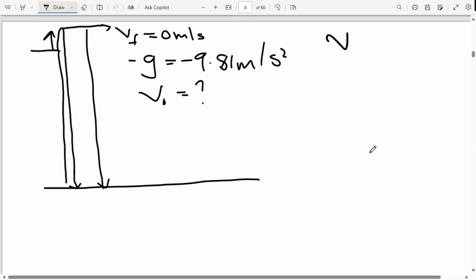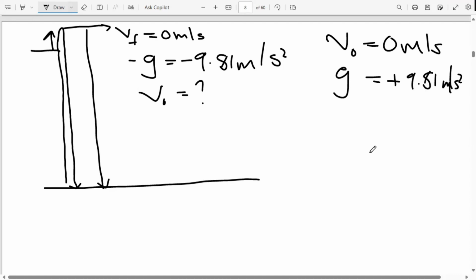Since you're starting from the top, your initial velocity is 0 meters per second, and your gravity will be positive 9.81 meters per second squared. Then it will have a final velocity which you don't know. But using this information, you're also able to calculate the height from the topmost point up to the ground. Then you take this distance minus the distance that you calculated earlier, and it is going to give you the height of your building.